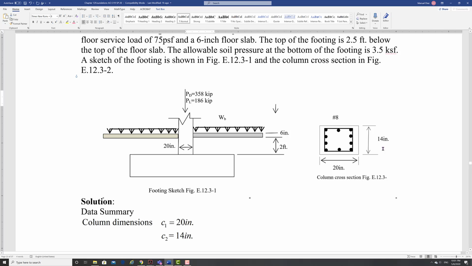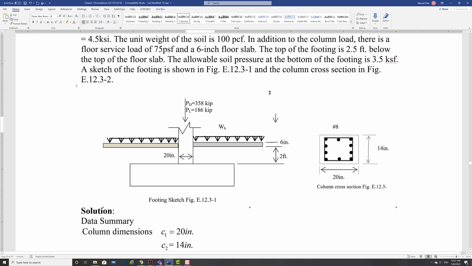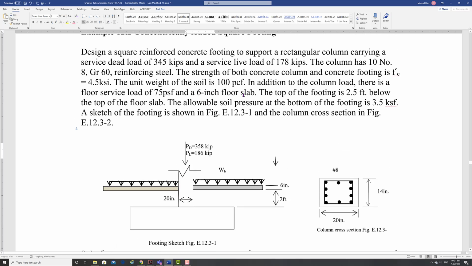Here is that weird rectangular section that you don't want to do, really. You want to make it square because it's a lot easier, right? In there you have a 6-inch floor slab. This is what I gave you in your project. This is the one where you're getting confused and you were trying to use it for your floors. No, this is your slab that is in your first floor, okay?